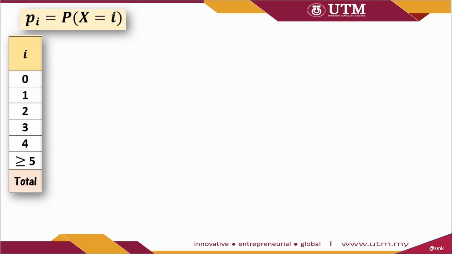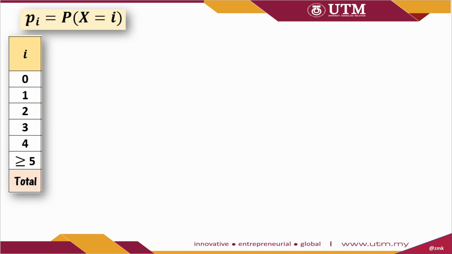Alternatively, you can also work out the probability that X equals i by calculating the difference between two successive cumulative Poisson probabilities from the statistical table booklet, page 25, when lambda is 1.3. Please recall the skill that you have learned on finding probabilities of a Poisson random variable in chapter 1.